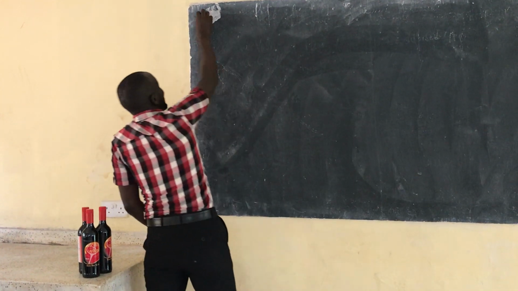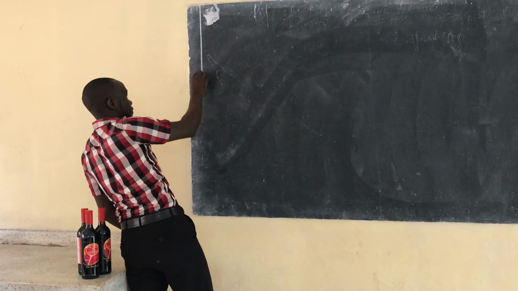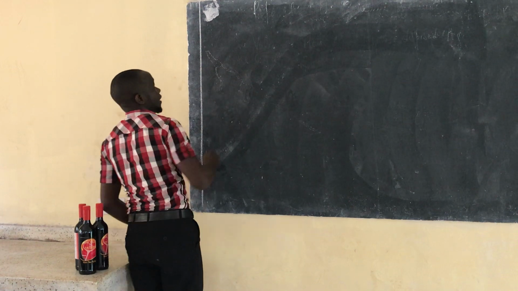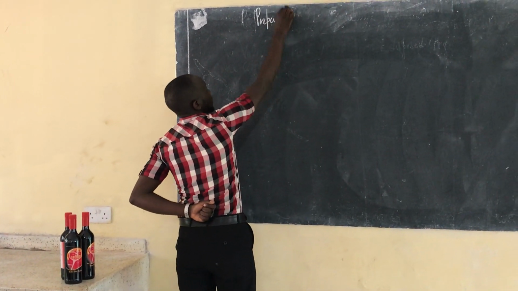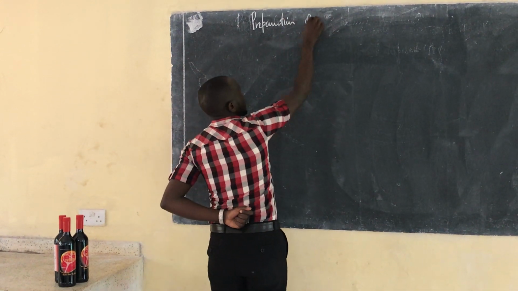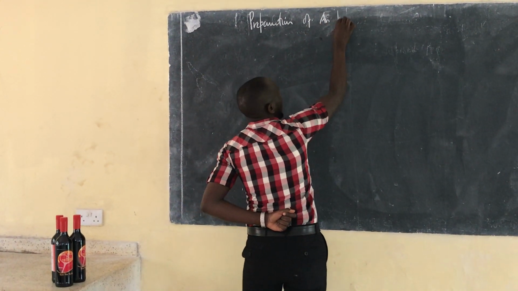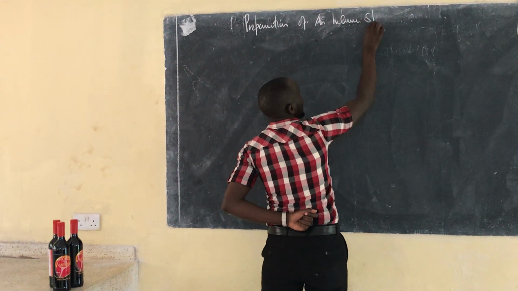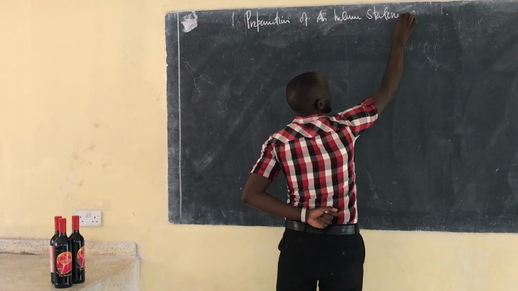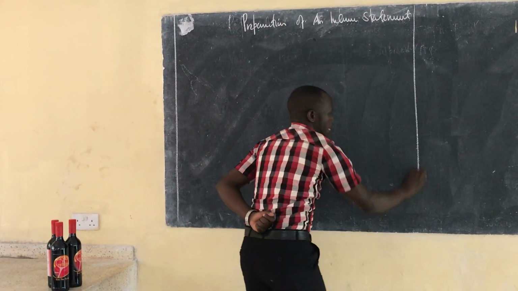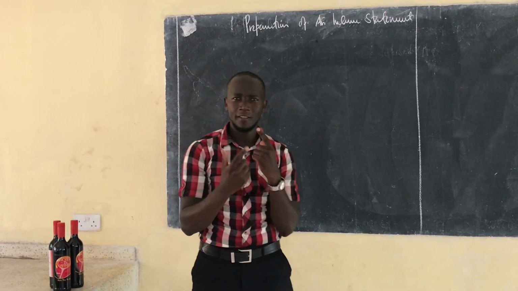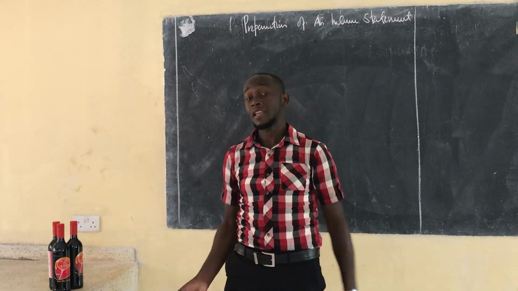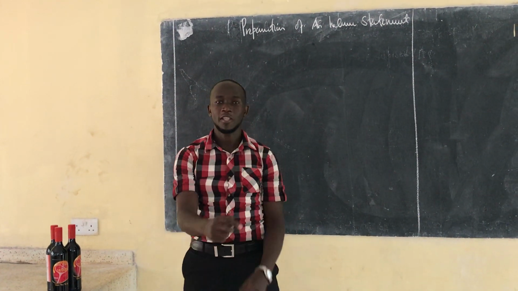So, to start with, we are looking at preparation of the income statement. We've said it is that financial statement that indicates the financial position of the business at the end of a trading period.